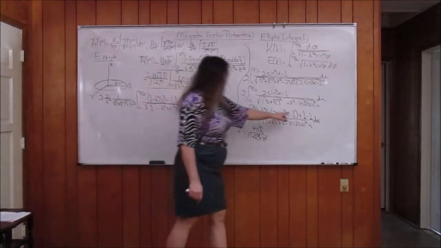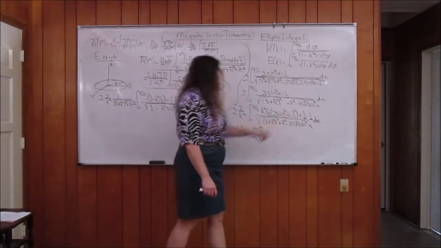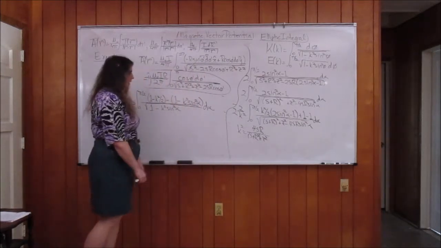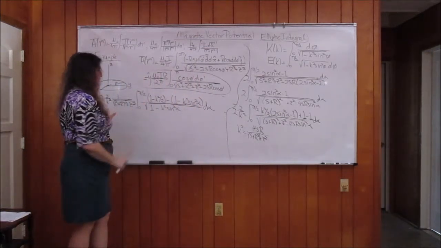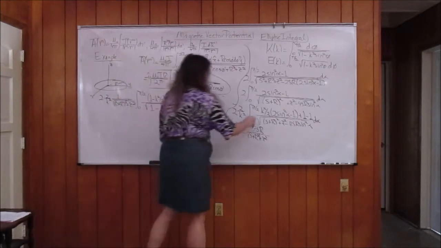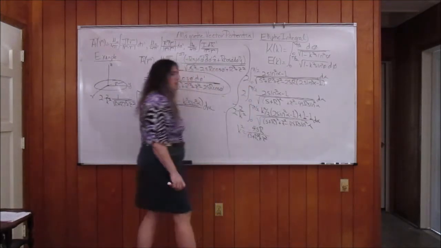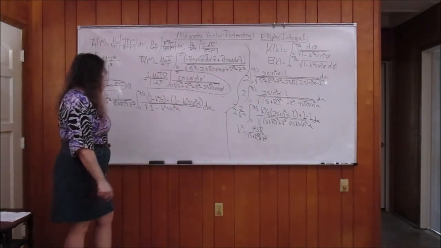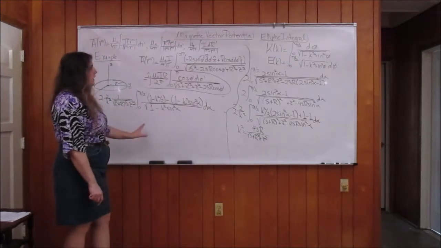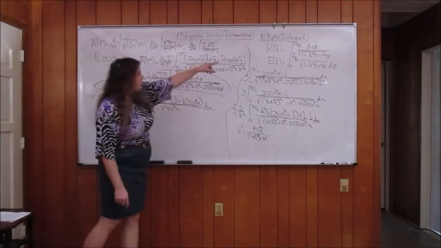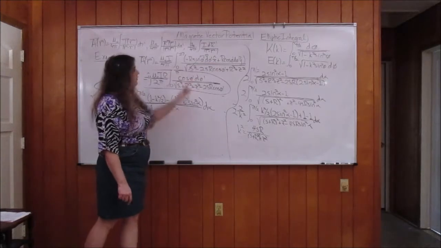Again, I just added 0 here, just adding 1 and subtracting 1 from it. And then I also multiplied through everything by 2 over k squared, but I'm multiplying through by k squared over 2, so that's equal to 1 as well. Now I finally have my integral in a form so that I can identify this with this.